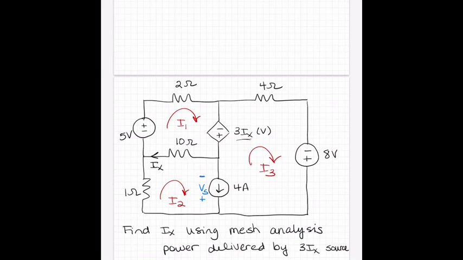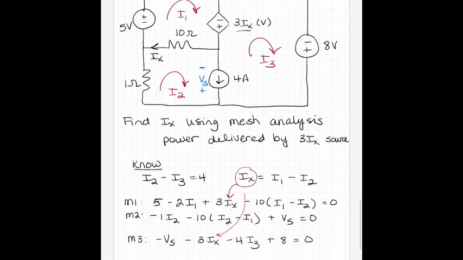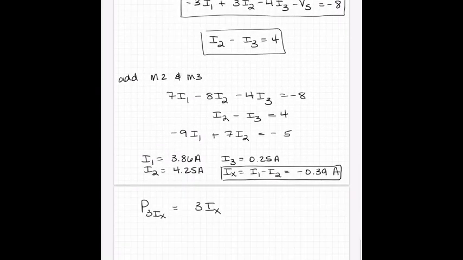Ix has nothing necessarily to do with the current flowing through that source. So we have 3Ix multiplied by the current. We want the current that flows from minus to plus because we're solving for power delivered. So that's going to be I1 minus I3.